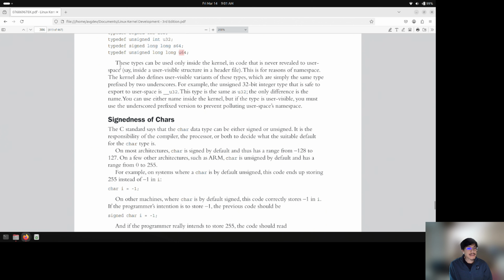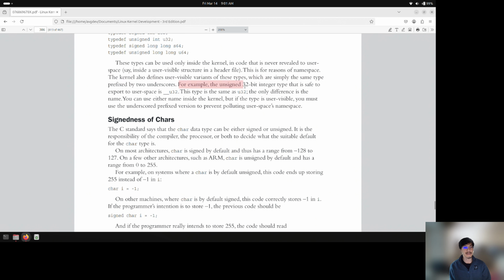These types can be used only inside the kernel, in code that is never revealed to user space, say inside a user-visible structure in a header file. This is for reasons of namespace. The kernel also defines user-visible variants of these types, which are simply the same type prefixed by 2 underscores.